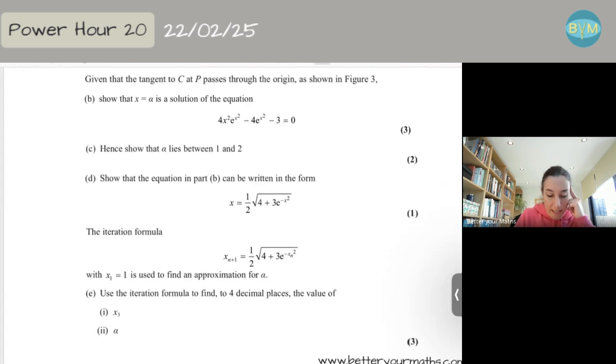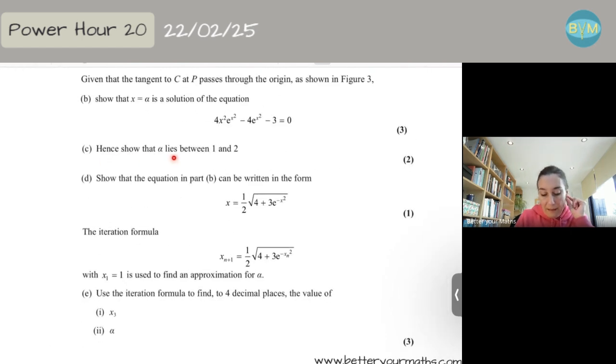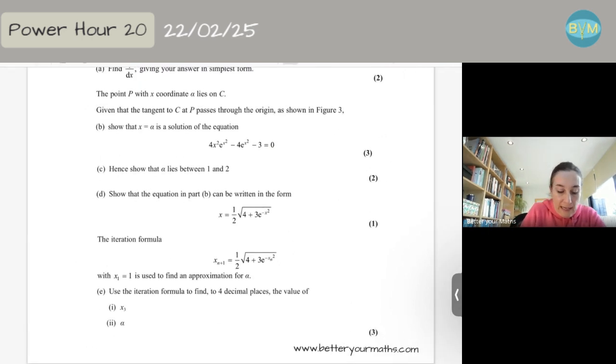Hence, alpha, the solution to this equation, lies between 1 and 2. I think none of you have seen numerical methods with me. I hope you have seen them at school. But if you haven't, when you have a function and you have a root in between two values, so in between 1 and 2, that means that the function crosses the x-axis.